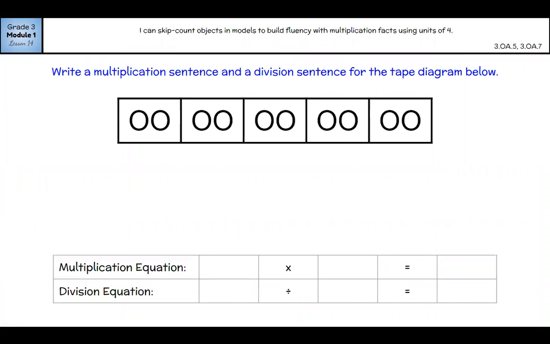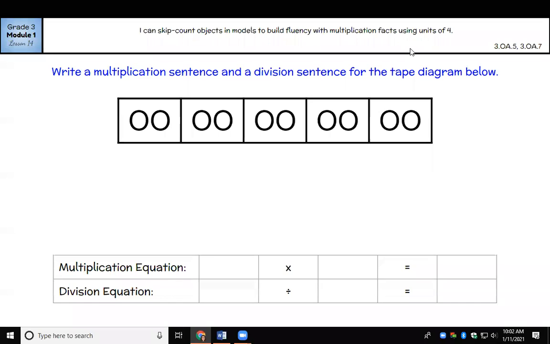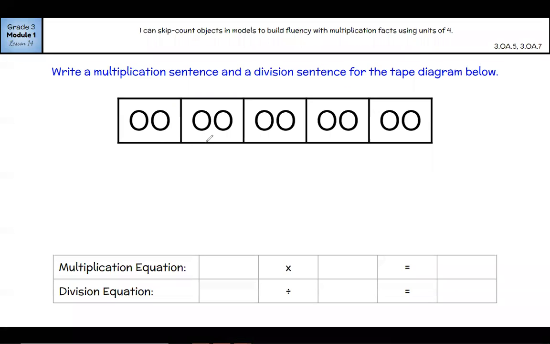Okay, write a multiplication sentence and a division sentence for the tape diagram below. So let's think about what we've got going on here. We have 1, 2, 3, 4, 5 groups. We have 2 in each group.